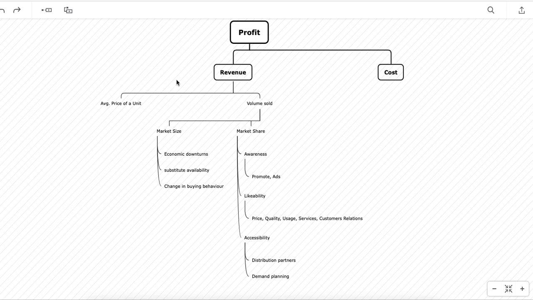So this is the disintegration of the revenue part of the profitability framework or profit framework. And more often than not, while doing a case, you will be able to get your answer here. Once you reach market size and market share, you will have a very directional knowledge of where you want to head from there. Okay, and that will be pretty evident once we start doing a case.